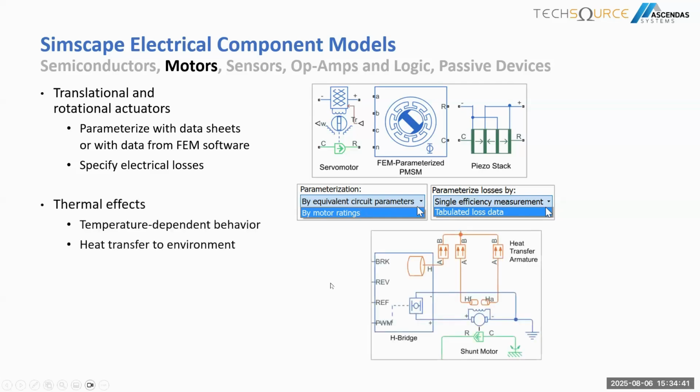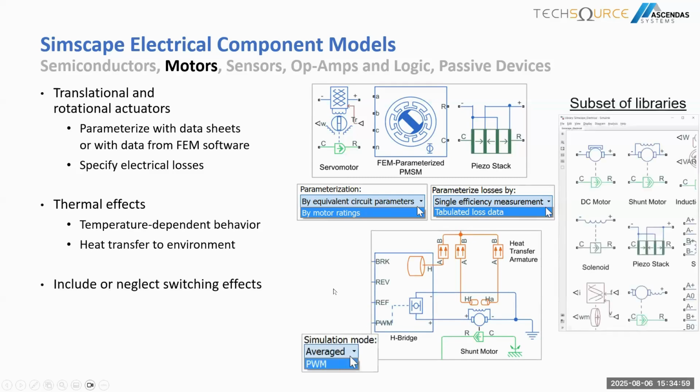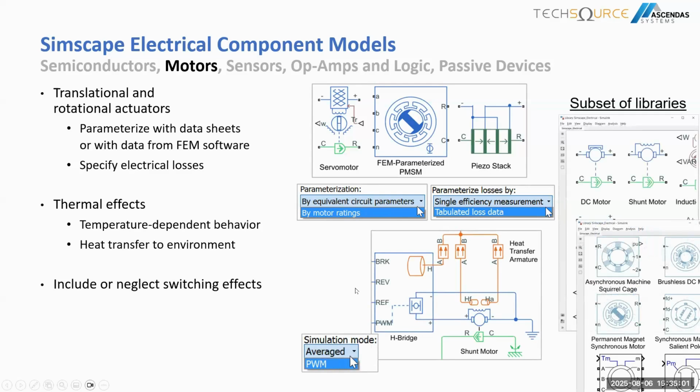At the same time, we are also modeling thermal effects for these systems, checking temperature behaviors and heat transfer, as well as switching effects if you are using some kind of power conversion. These are examples of how we can utilize Simscape Electrical to develop our motor plant models.